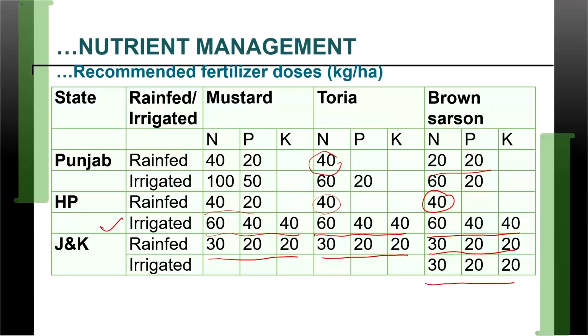If your conditions are irrigated, then you need to increase the application of nutrients in the soil. You also get different kinds of conclusions, like in some states the requirement of nutrients is less than in other states. So this kind of information is important when we go for cultivation of rapeseed and mustard.